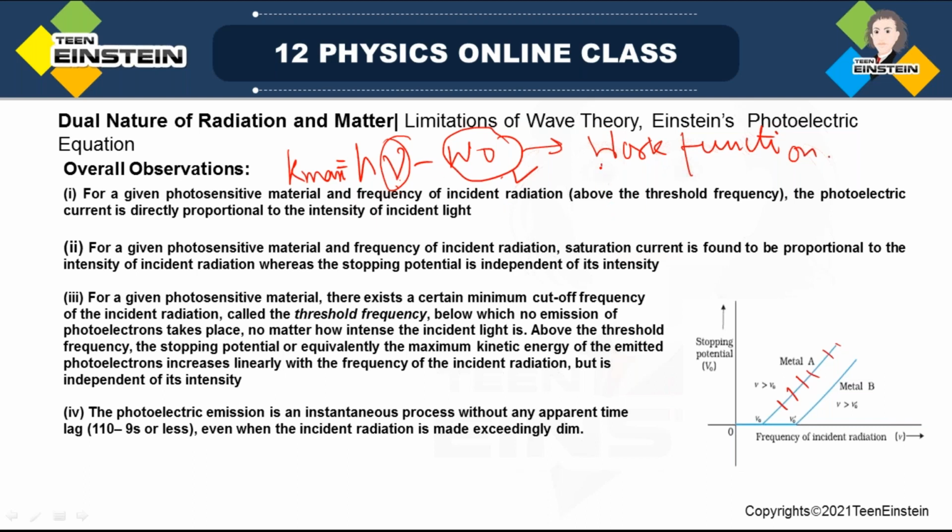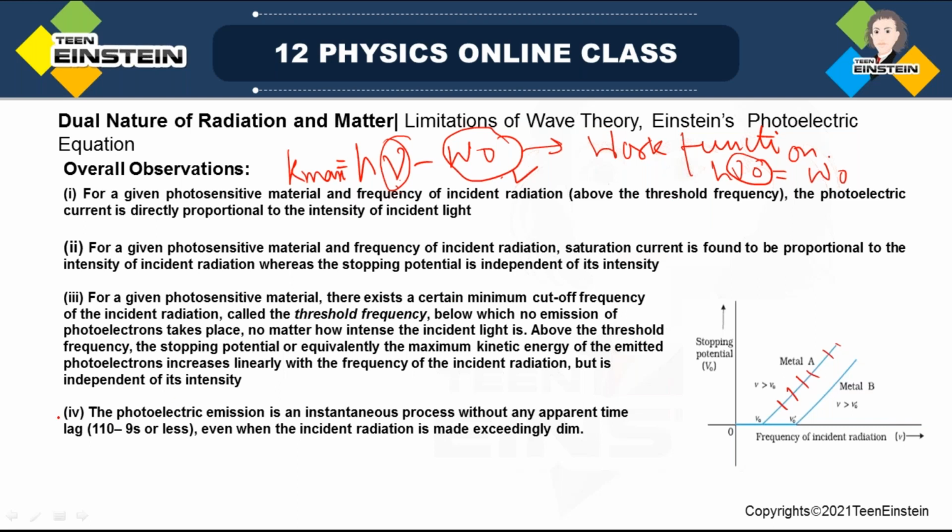Your photon should have energy either equal to the work function, so that the electron just leaves the metal surface, or greater than the work function. This corresponds to the threshold frequency. So this explains how a threshold frequency exists for various metals.